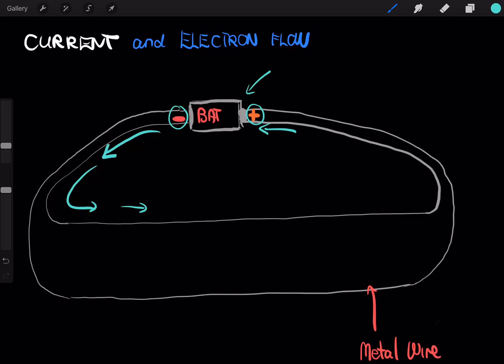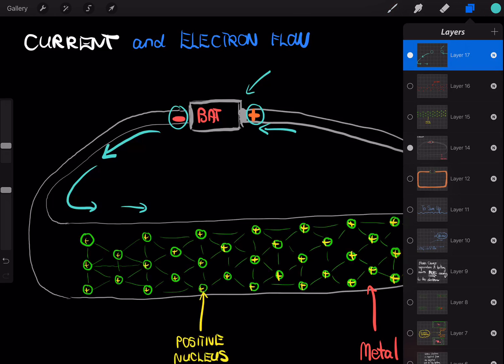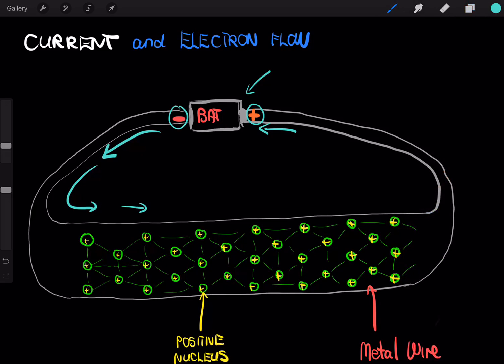Well, in the case of a metal wire, they were wrong, because it's actually the electrons that are moving. The reason why, in a metal wire, is that the positive charges are actually contained in the nucleus of the atom.